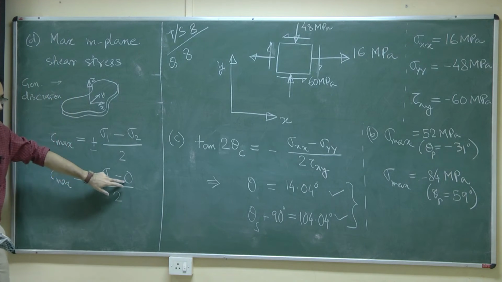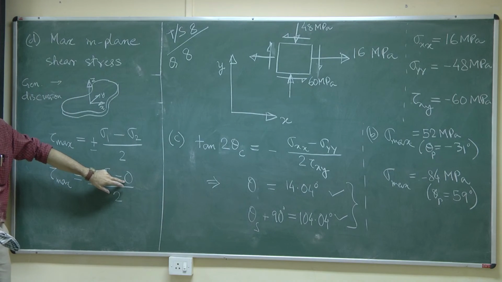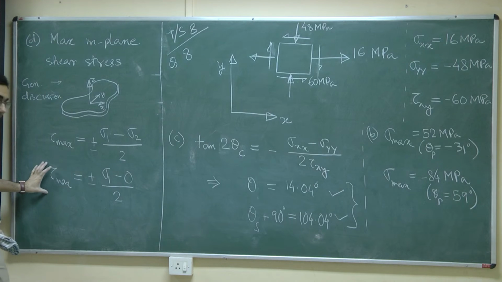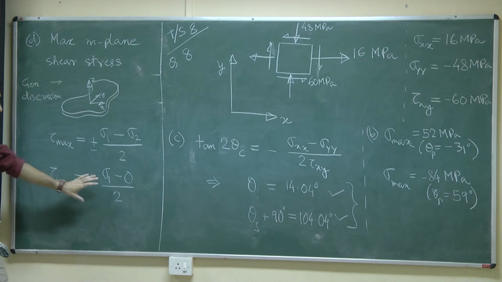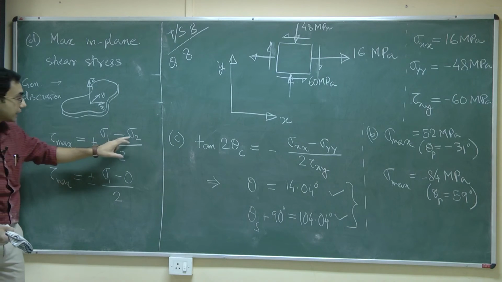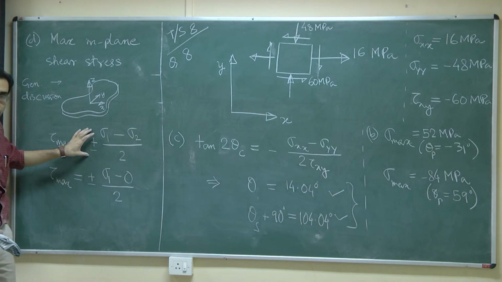You note this 0 is coming because nothing is really happening in the z direction, but this is very much a true result. Now, you understand this tau max value is sigma 1 minus 0 by 2, and this tau max value is sigma 1 minus sigma 2 by 2. You consider only the plus value.